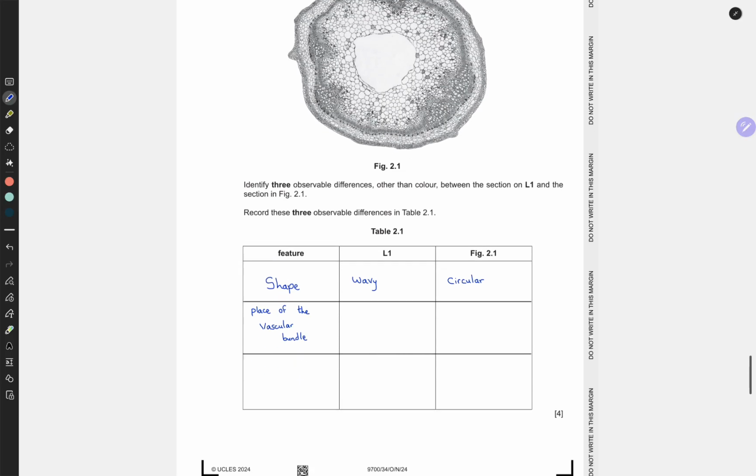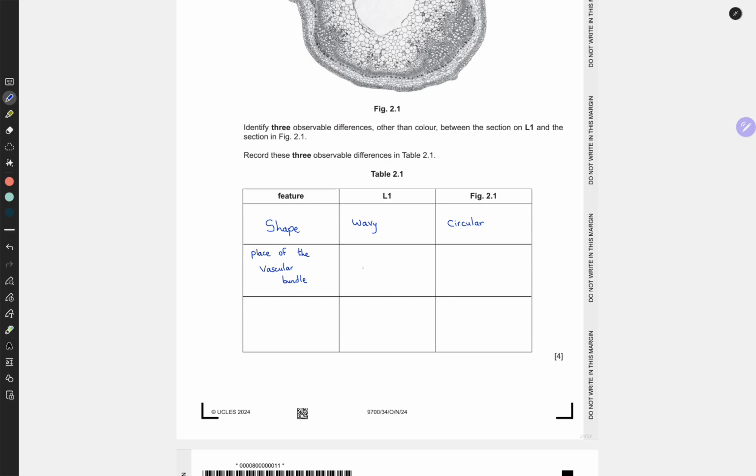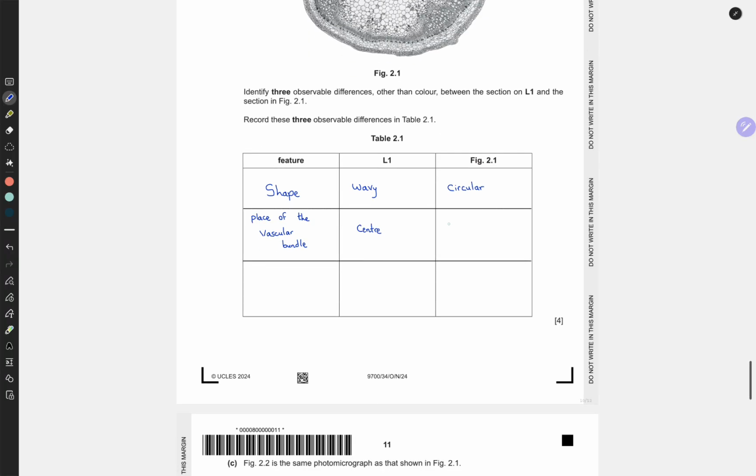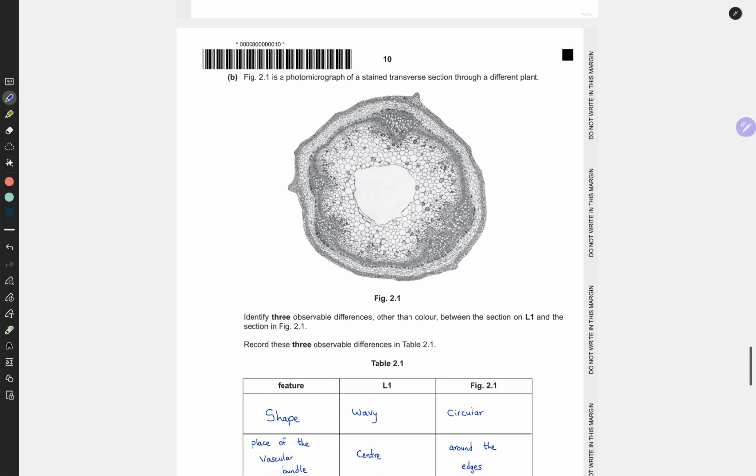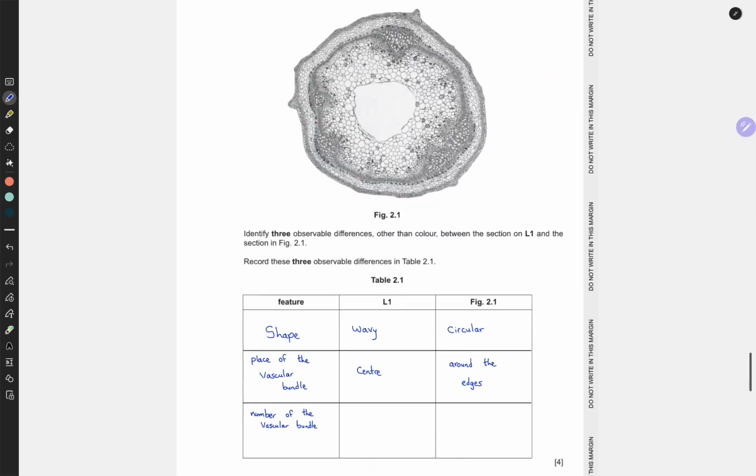Then of course the number of the vascular bundles: there is more than one here, many of them, and right here it's only one.